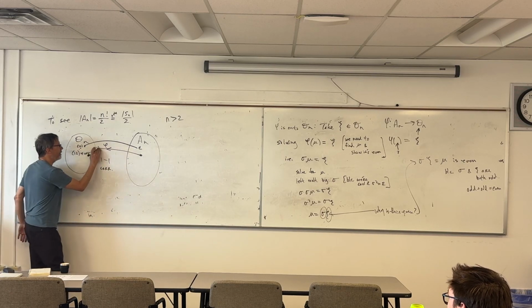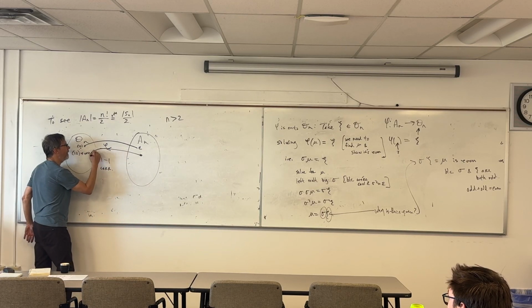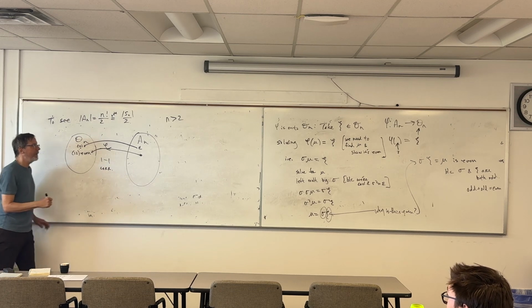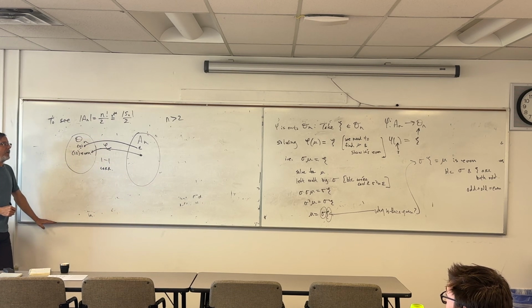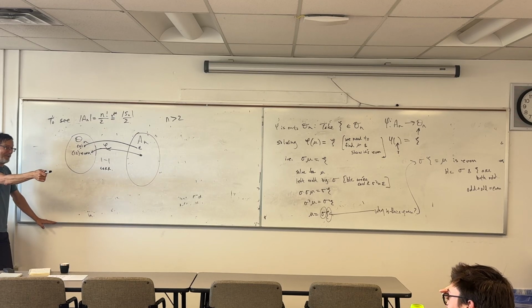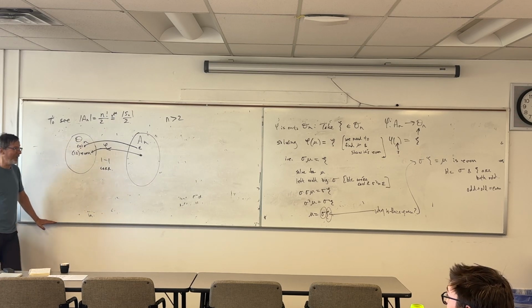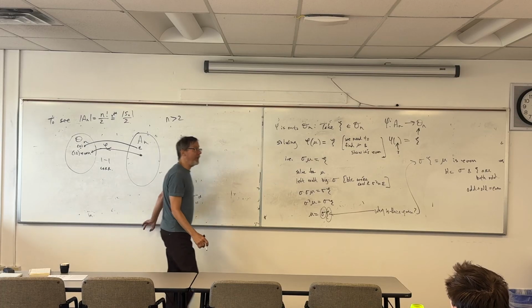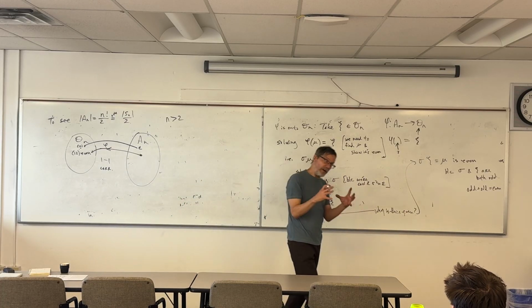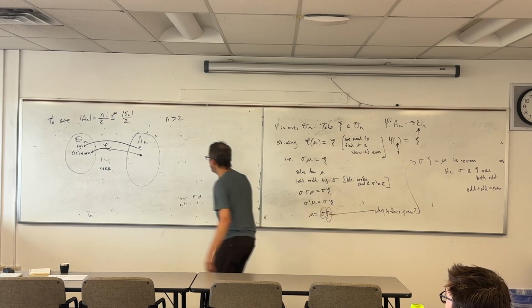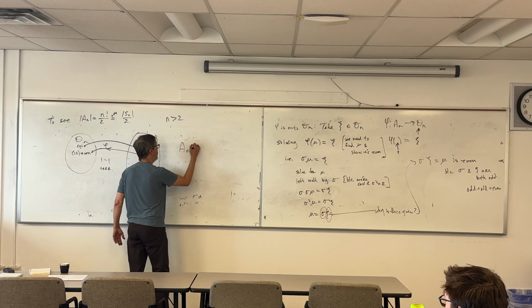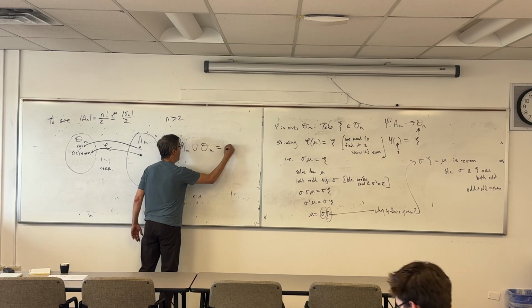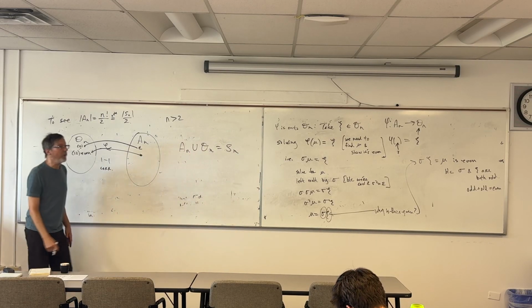Is S sub n the direct sum of O sub n and A sub n? We don't have direct sums here, because that would be the case if we were in a linear space. The union of those two is S sub n. So we can definitely say that A_n union O_n is absolutely S_n, 100%.